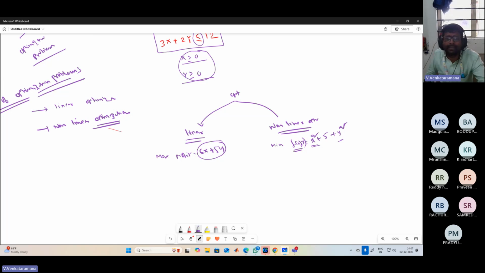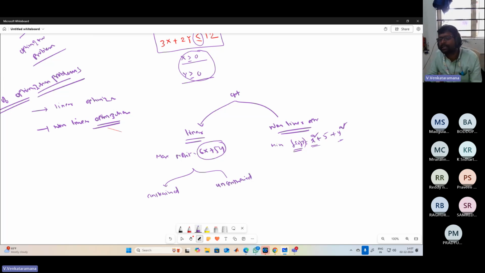Now, further, the linear optimization problems are classified into two categories. One is called the constrained linear optimization problem, or the unconstrained linear optimization problem.